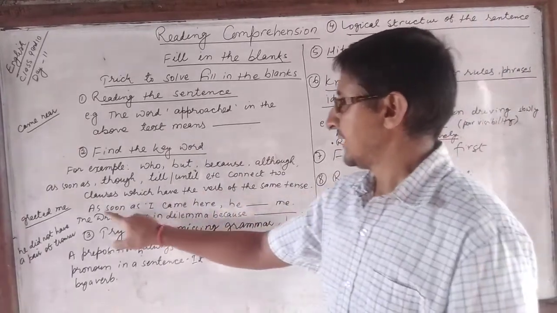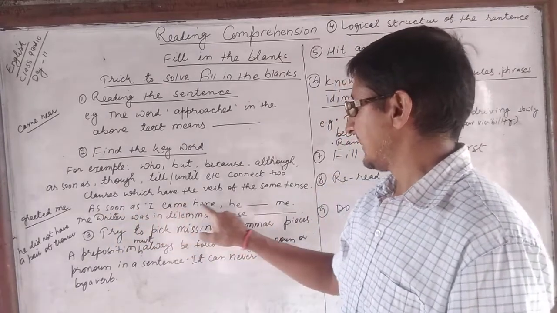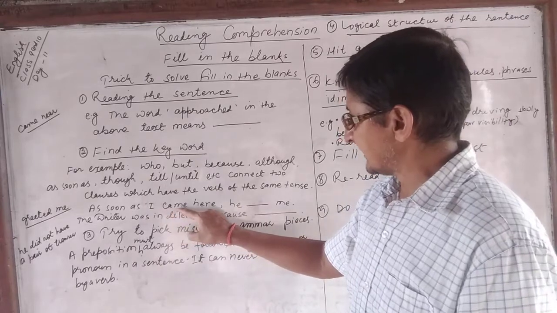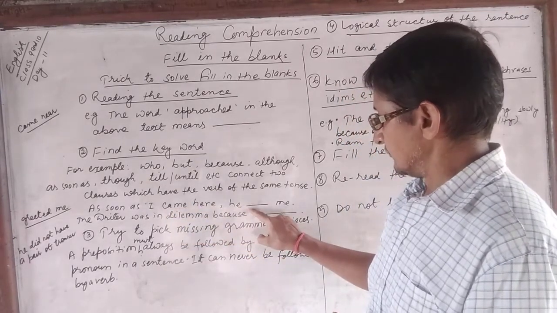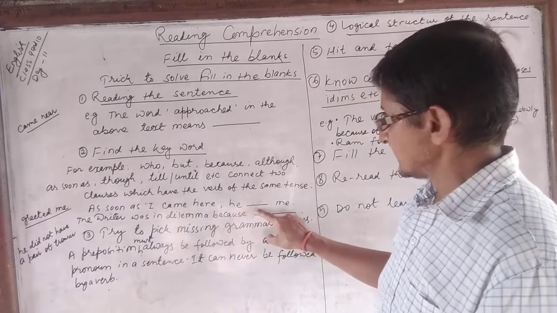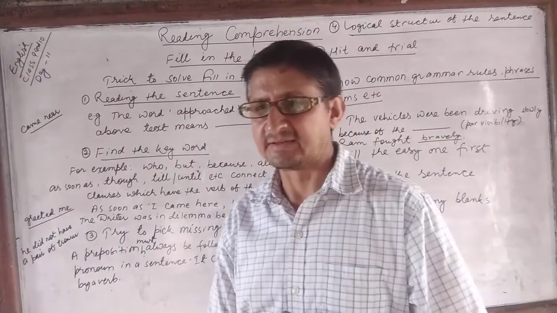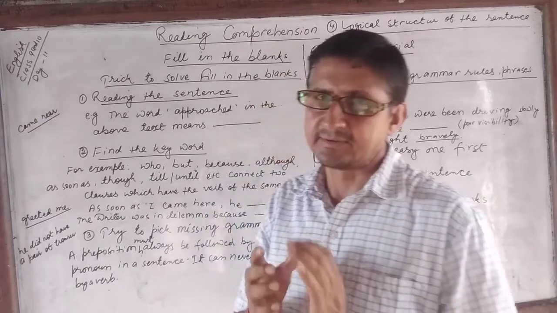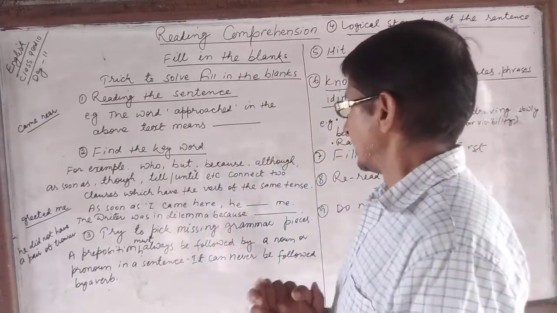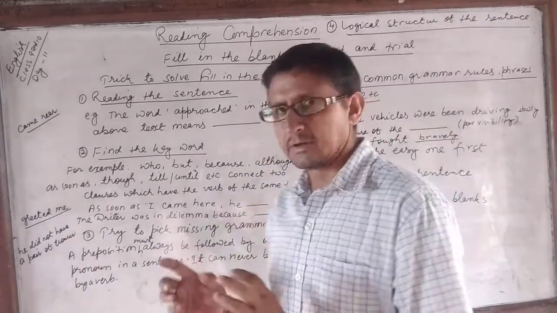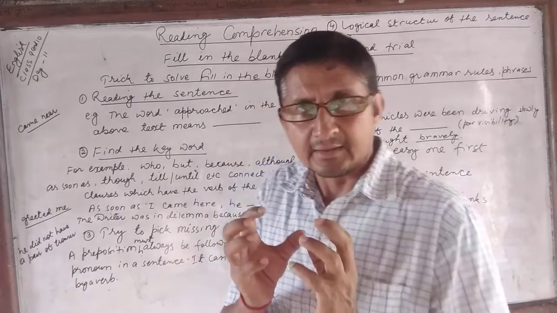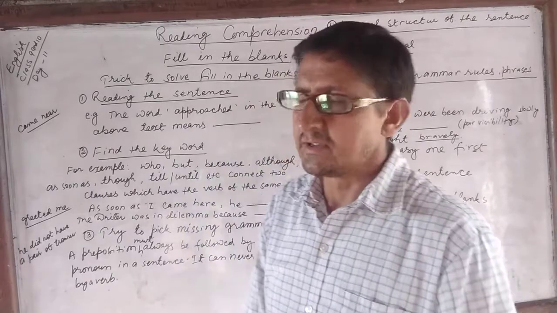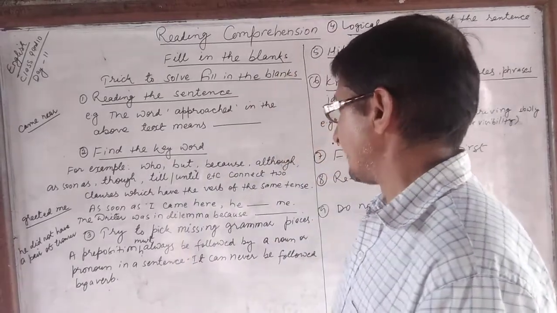For example, "As soon as I came here, he ___ me." This is in past tense, so the word in this blank must be in past tense. In this way, with the help of the keywords, you have to determine which word is appropriate in the blank.